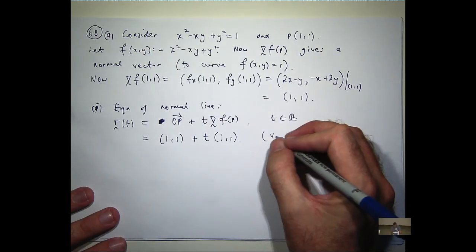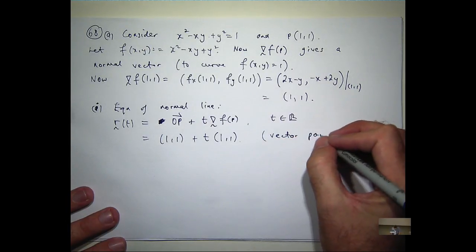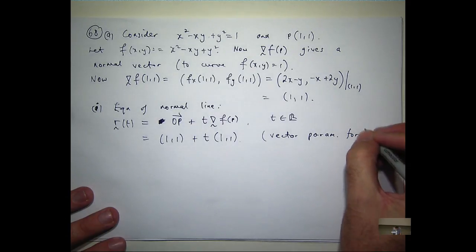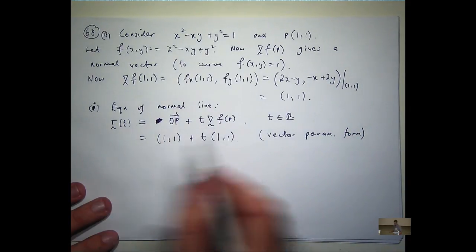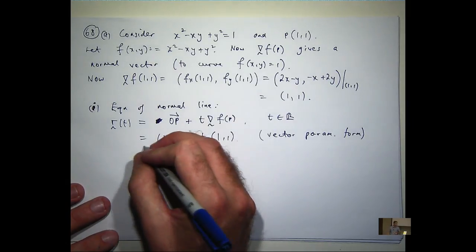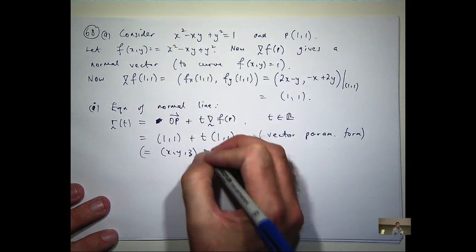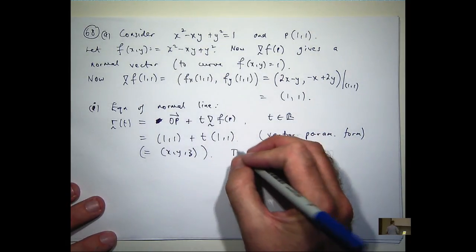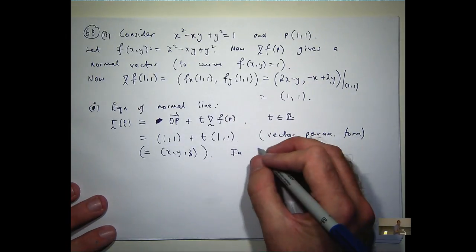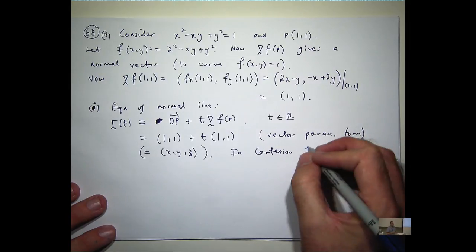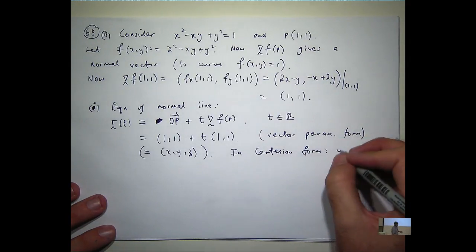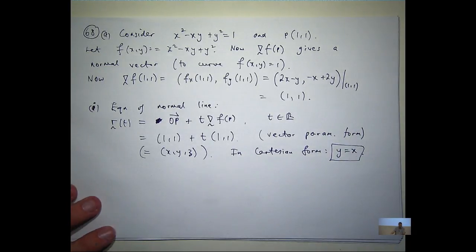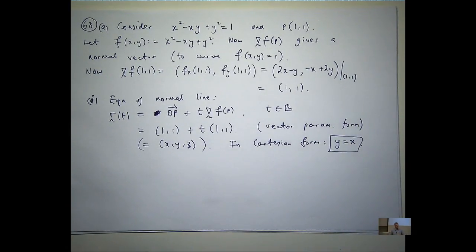Now, if you rearrange this, if you want to write it in this form, and then eliminate t, you'll get the following. Okay, it actually simplifies quite nicely. So that's the first part.